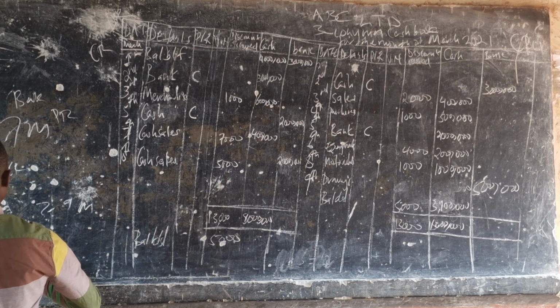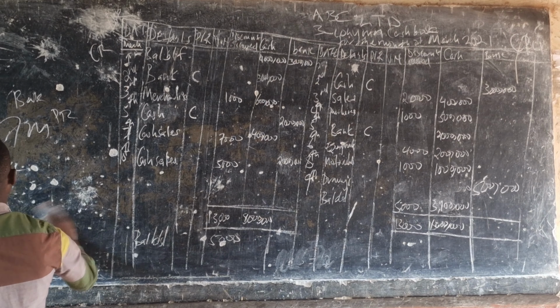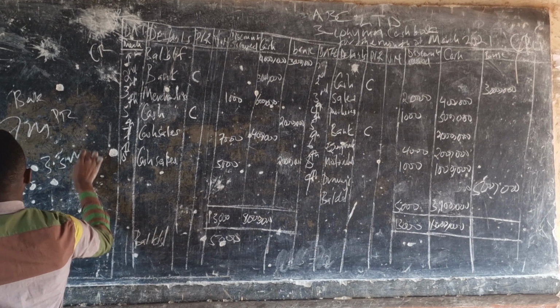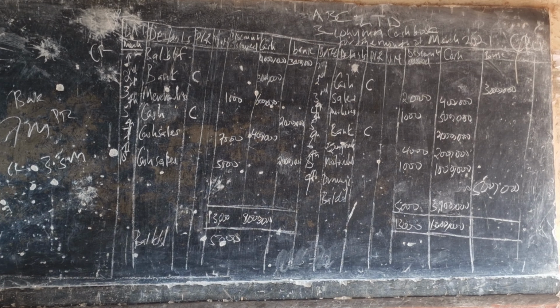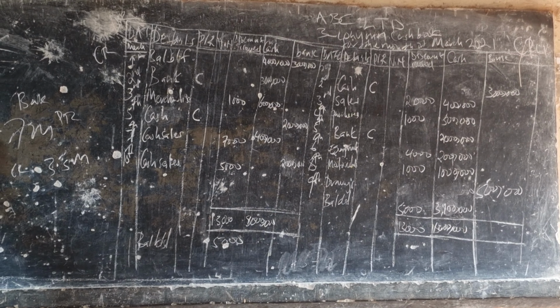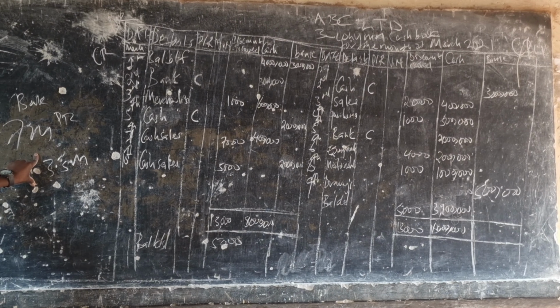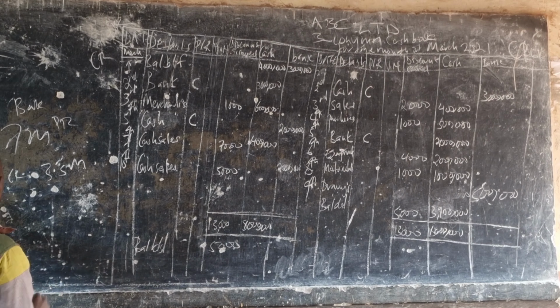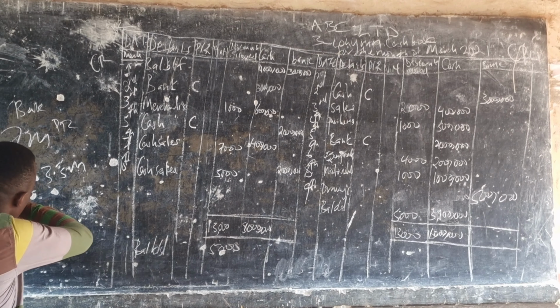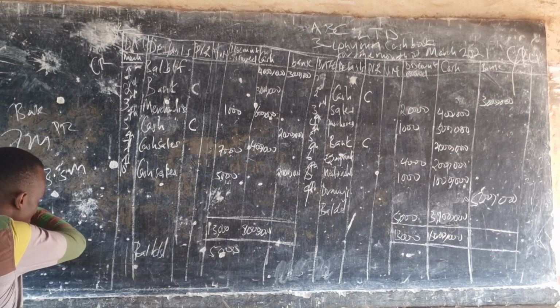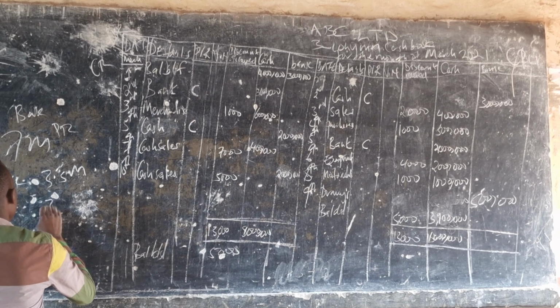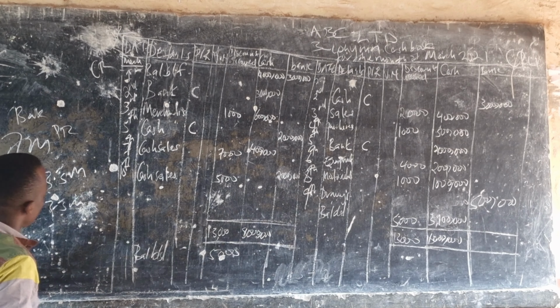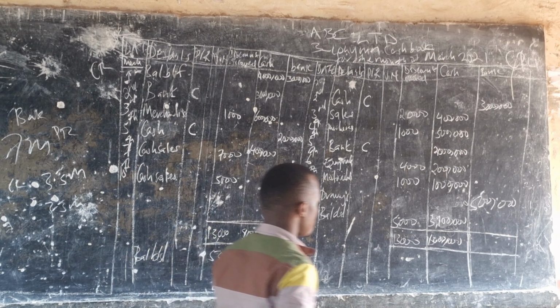So when you get 7 million minus 3.5 million, that is 3.5.